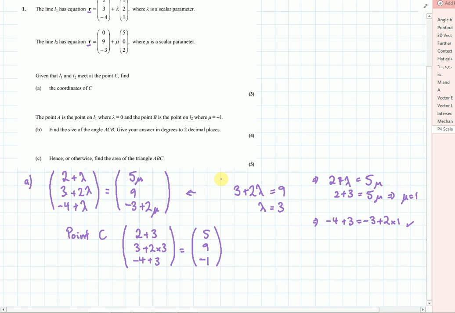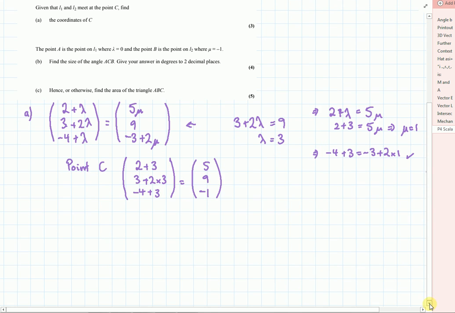Okay. Point A is a point of L1 where lambda equals 0. Well, that immediately says it's at 2, 3, minus 4. And point B is where mu equals minus 1. Find the angle ACB. Give your answer to 2 decimal places.